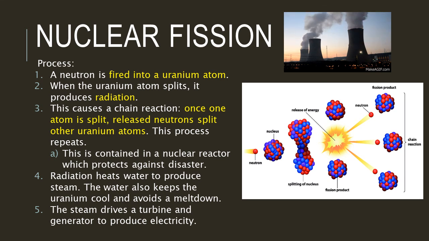We've also got extra neutrons that are released. And those extra neutrons are going to be fired again into other fission products, other pieces of uranium. This is that chain reaction. They're going to break the nucleus or the fission product apart.